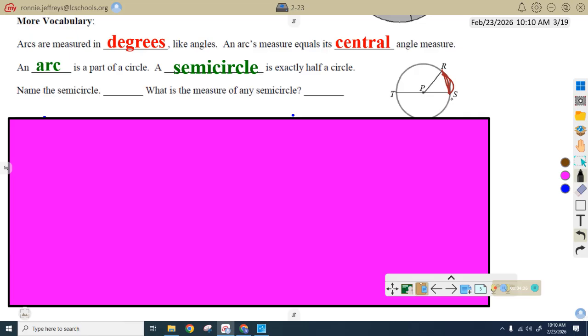So this semicircle, we're going to say is TRS, and then we have to put an arc over it, because we name pieces of a circle with arcs. The measure of any semicircle: think about it, if a whole circle is 360, what's half of 360? 180 degrees.